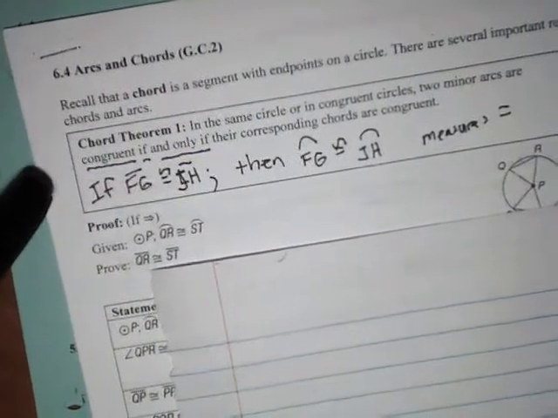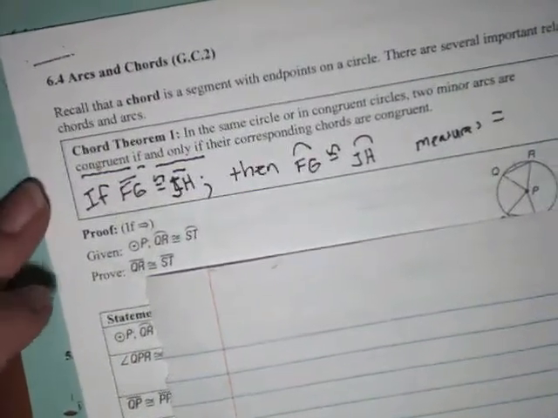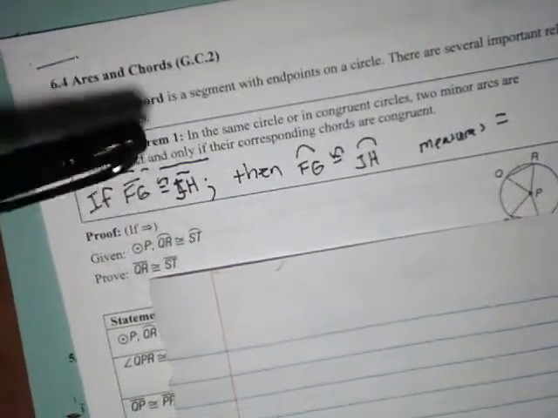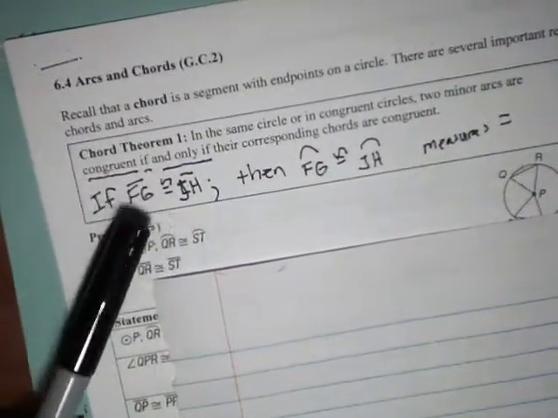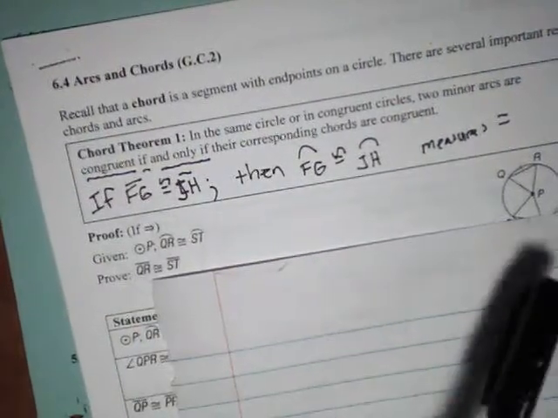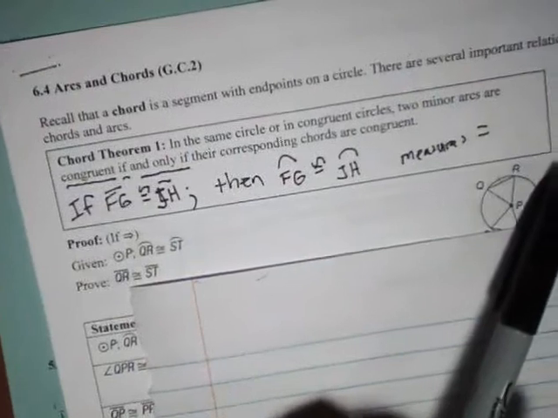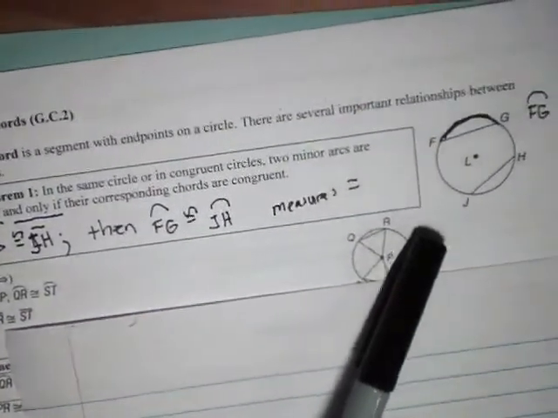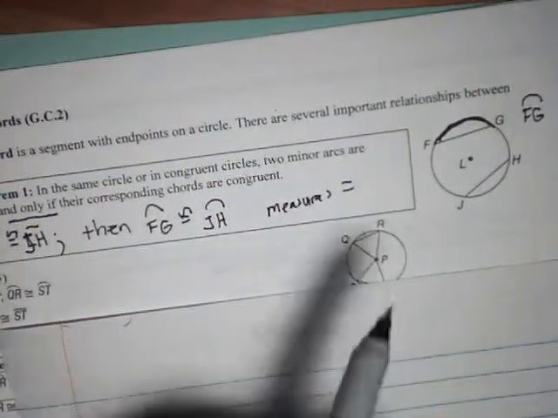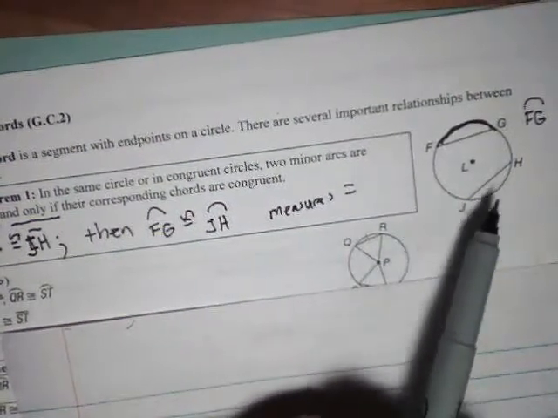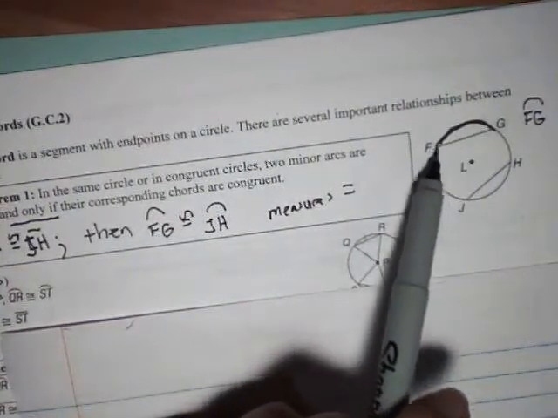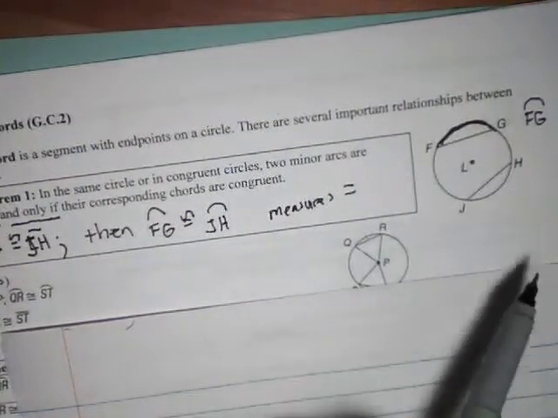This theorem says in the same circle or in congruent circles, two minor arcs are congruent if and only if their corresponding chords are congruent. Notice we have a circle right here with two chords coming across, FG and JH. And here is arc FG that I've darkened in.